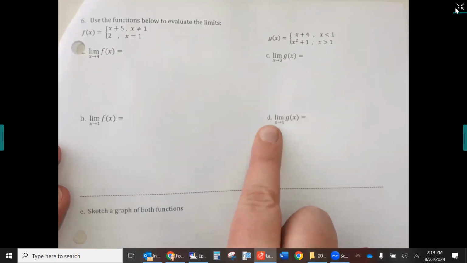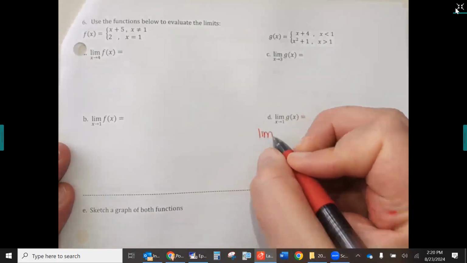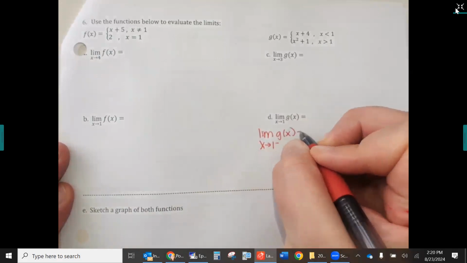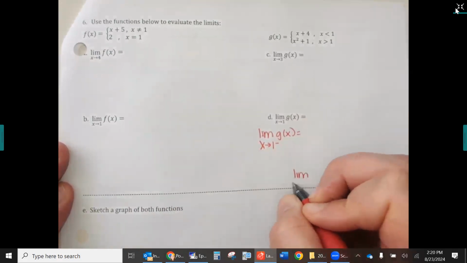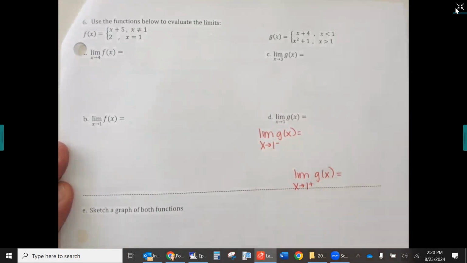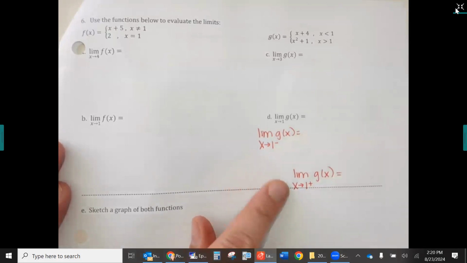So for D, you shouldn't just have numbers. You should have the limit as x approaches 1 from the left, and then the limit as x approaches 1 from the right. Once you have those two values, then you can say it's D and E. But if you just have numbers without any labeling on what limits they are, that's going to hurt your grade for your test. So when we're doing your notes, will you just add that to it, please?